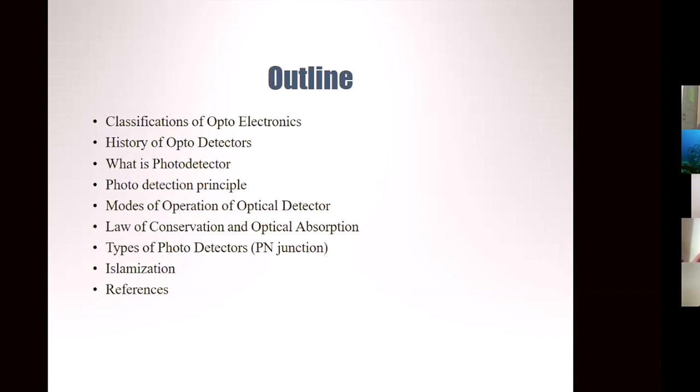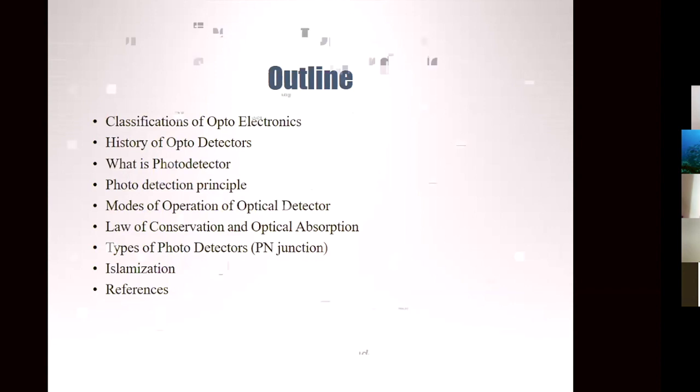Then we will talk about the history of photodetectors, then what a photodetector is. Then we will discuss the photodetection principle and modes of operation of optical detectors, laws of conservation and optical absorption, types of photodetectors based on PN junction, and then insha'Allah summarization and references.